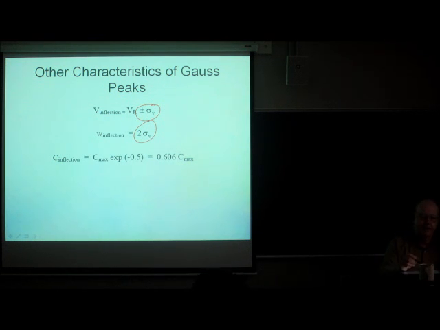If I plug into the Gauss equation the volume equal to retention volume plus or minus sigma, what I'll find out is that the height of the curve at the inflection point is Cmax times exponential of -1/2. Exponential of -1/2 works out to be 0.606 something, but 0.606 is certainly good enough for government work. Okay? Now, 0.606.